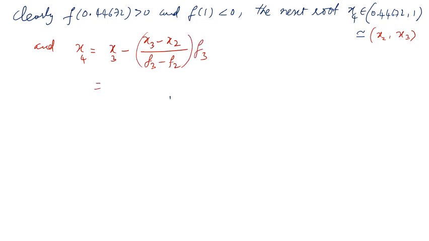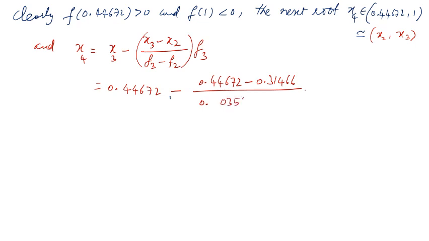So what is x3? Already I had x3, 0.44672, minus, what is the x2 value? Already I got the x2 value as 0.31466, whole by f3 value, which is 0.20354, minus f2 value, 0.51987.